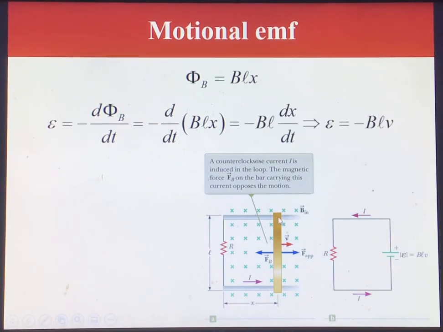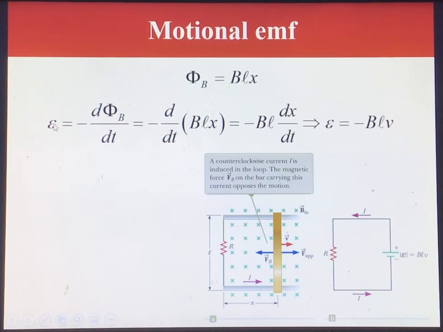Notice that as this is moving to the right, this area is changing. So when I calculate the flux, the magnetic flux is just going to be B times the area. The area is just equal to the length times x. So it means that my magnetic flux is equal to B times L times x.